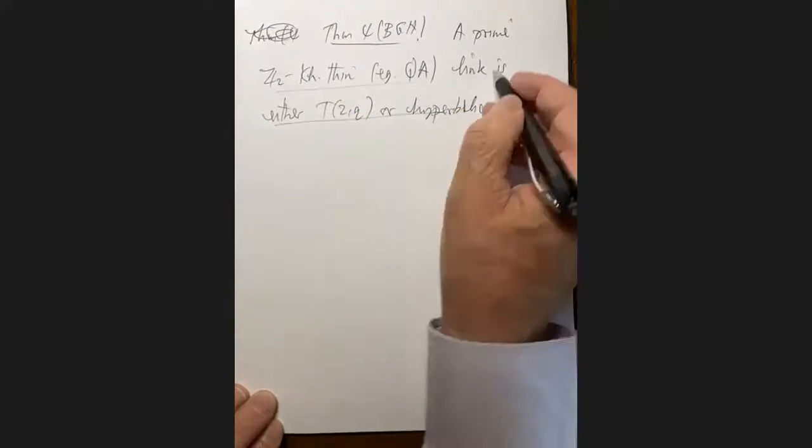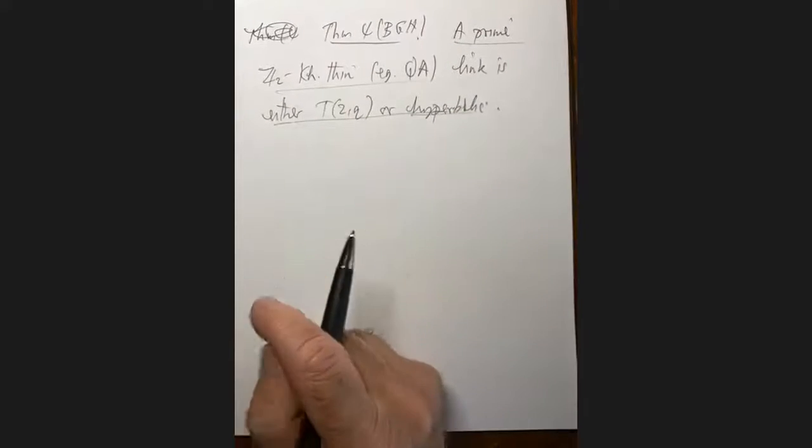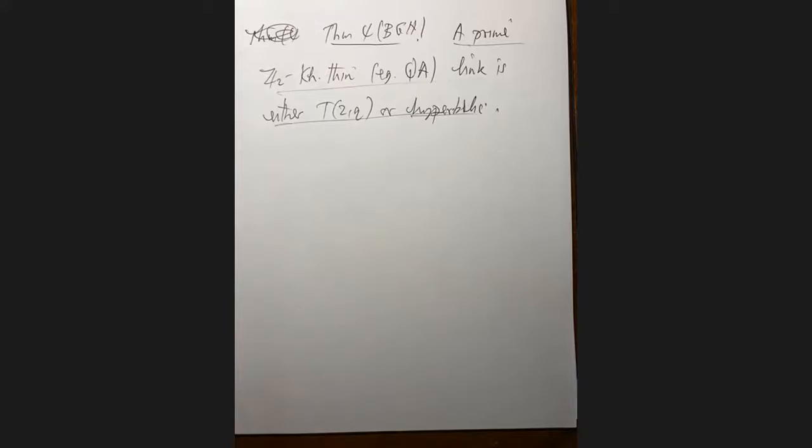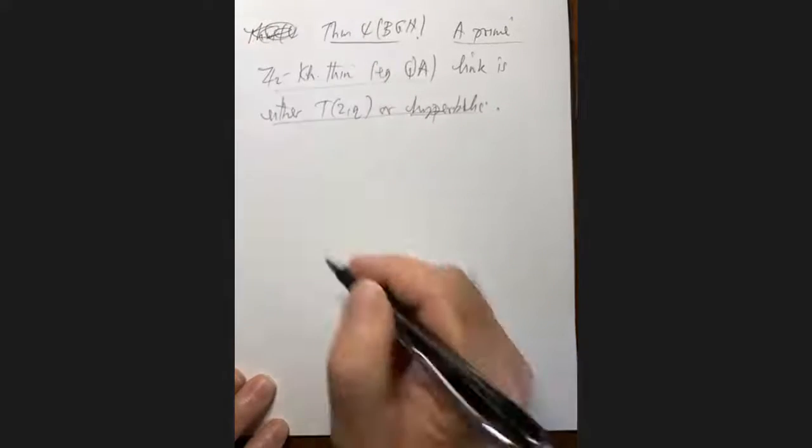So Menasco's theorem extends to this more general class, quasi-alternating. And particularly, we get a new proof of Menasco's theorem, which has the advantage that you can replace beautiful elementary topological arguments with pseudo-holomorphic curve arguments.